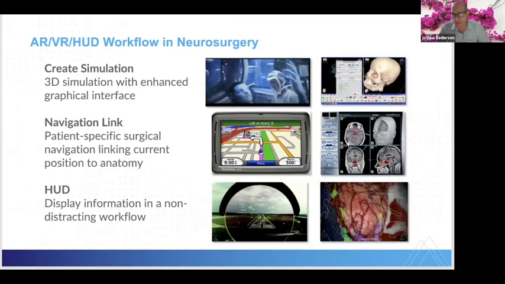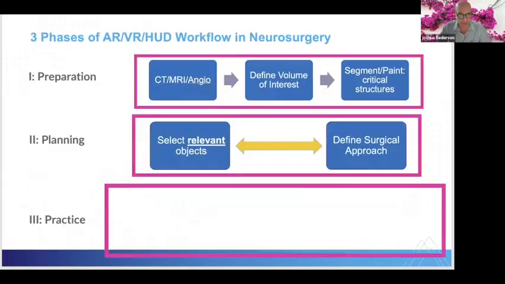We link that virtual reality scenario to the anatomy. Think of the GPS for our car. And then in the case of a heads-up display, we project some of that virtual reality onto a map of the brain, just like we might do in aviation, projecting a runway onto the actual runway.